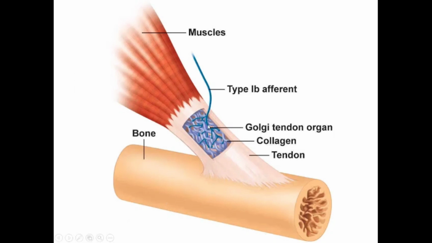About the Golgi tendon organ, you can see here, instead of muscle fiber, in the tendon we have collagen fibers. So the sensory nerve runs between these collagen fibers, and during the muscle contractions, this stretch of the tendon stimulates the sensory nerve, and this stretch is detected by this sensory nerve.